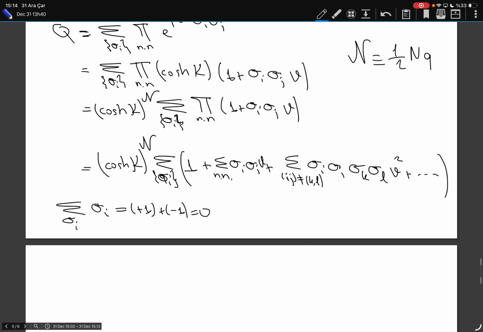So in the sum over sigma i, if any of these sites appears only once, there is no contribution. The sum will be 0. I can get a non-zero contribution from here, for example, if j is equal to k and l is equal to i.